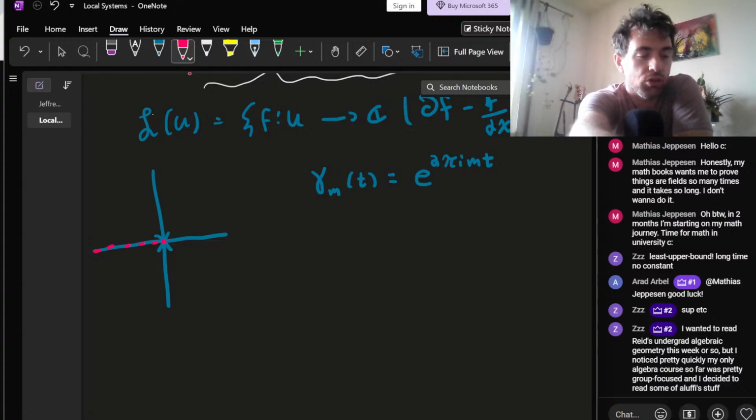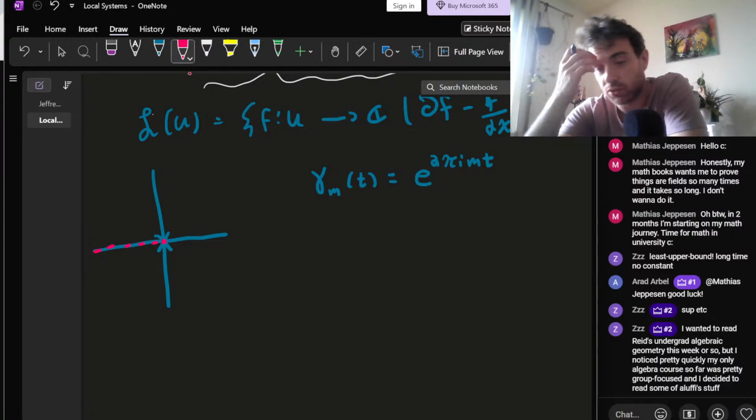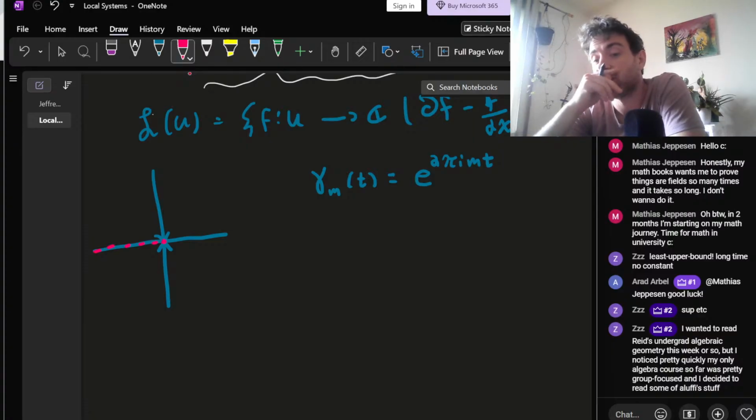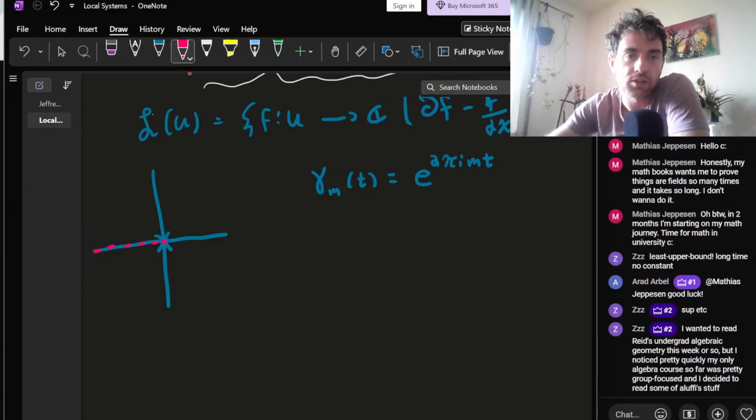Yeah, you could also just go read Aluffi's section on algebraic geometry first, and then you've got all the background details that you need there, and then you can just fill in things that you're missing.